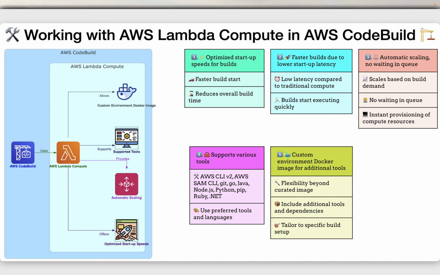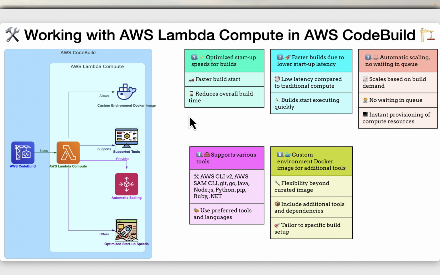So basically, when you use AWS Lambda compute, it will use some curated Docker images, but you have the option to provide your own custom Docker image if the tools which are provided are not sufficient. Then you can provide your own custom Docker image with your own set of tools, and then that will execute. The important limitation is that Lambda has a 15 minute overall execution time limit.